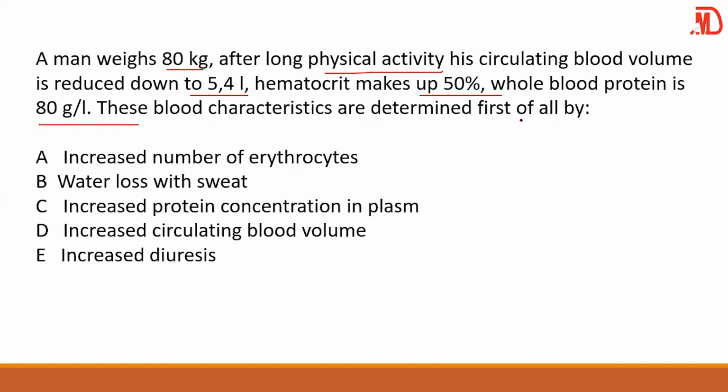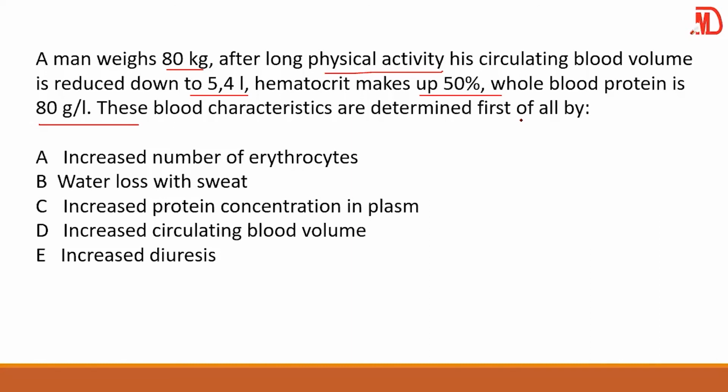This will produce what we call a relative hyperproteinemia. And what will hyperproteinemia do? The more proteins in the blood, the more it will prevent water from excreting, or prevent the fluid in the blood from going out.